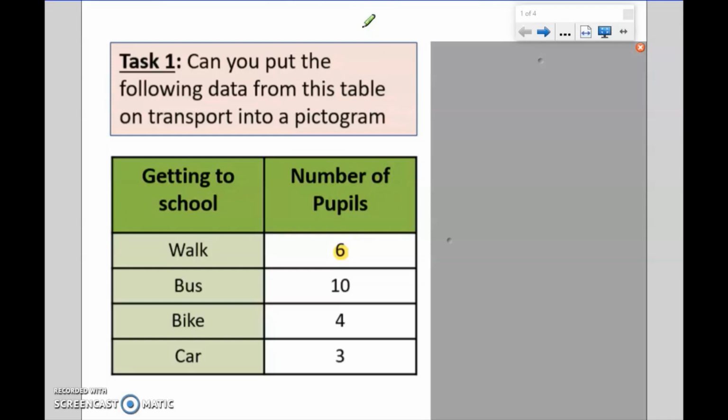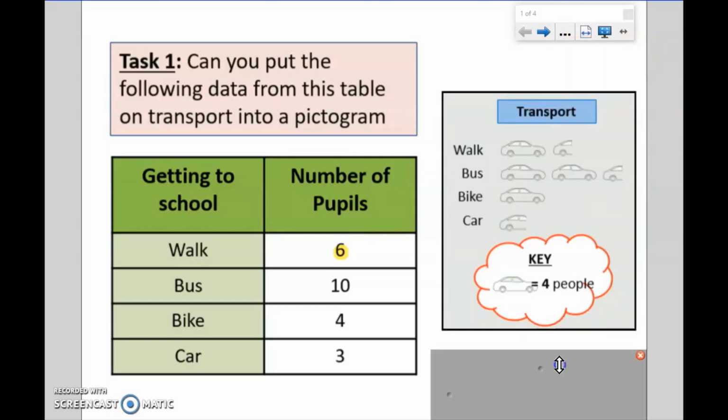Okay, welcome back. I'm going to show you one example of a pictogram. Okay, so my solution looks something like this. Of course, your pictogram may not look exactly like this. In fact, it probably doesn't look exactly like this because you may have chosen a slightly different image and you may have chosen a slightly different key.